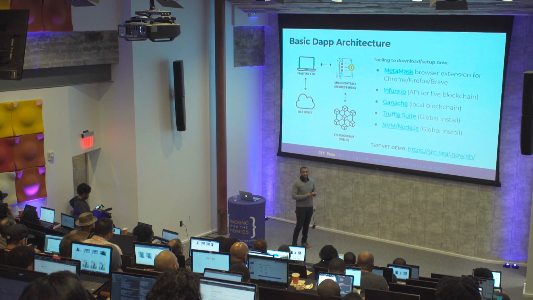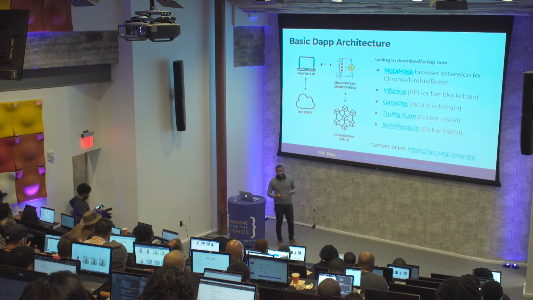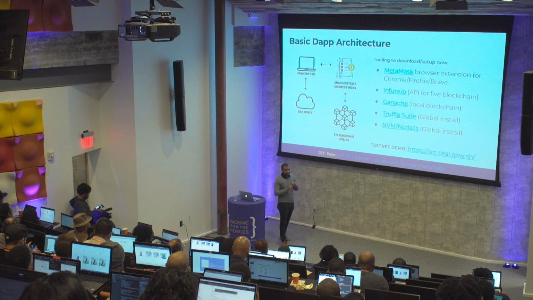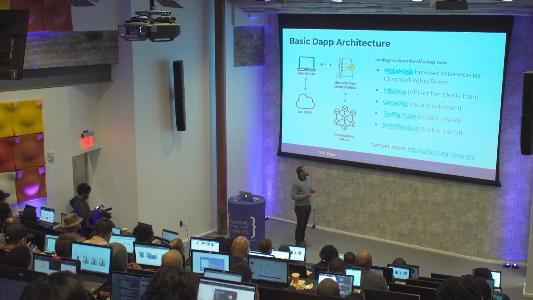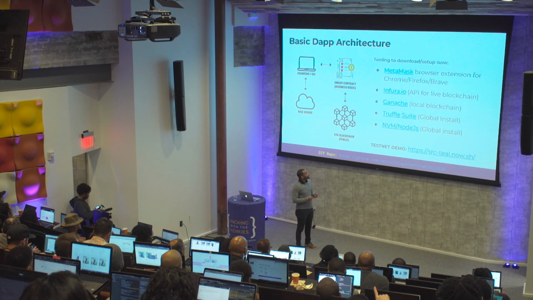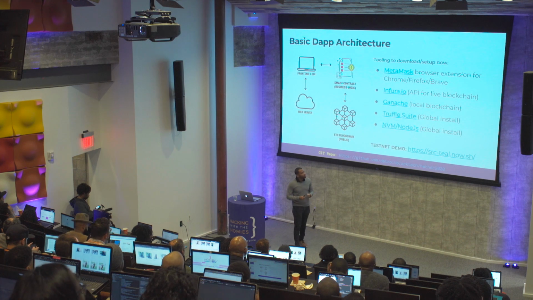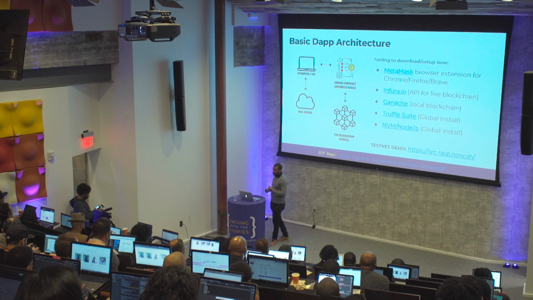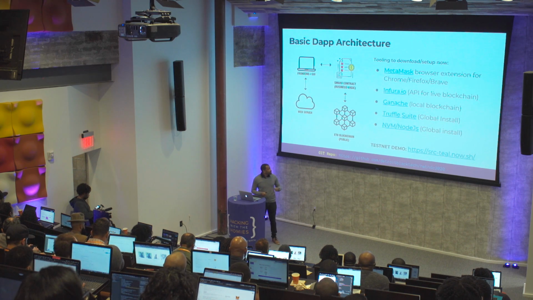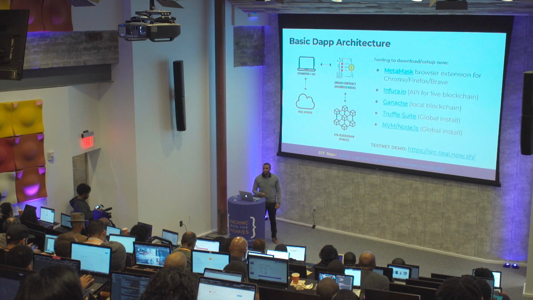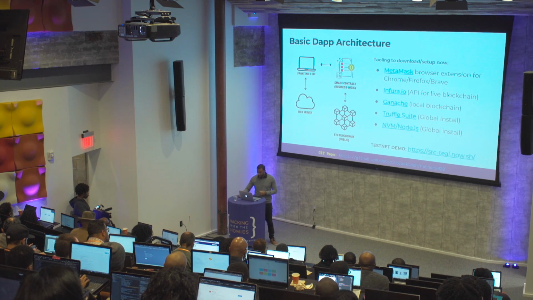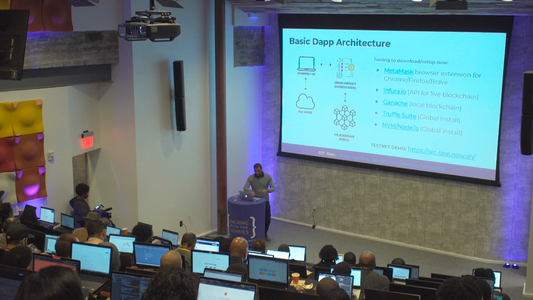If you have Chrome, Firefox, or Brave, one of my personal favorite browsers, which is 3 times as fast as Chrome, download that and go to infura.io, sign up, get your public ID. I'll keep that slide up for about 10 seconds so you can keep track of whatever URLs you need to go to. And I'll get prepared on my end.